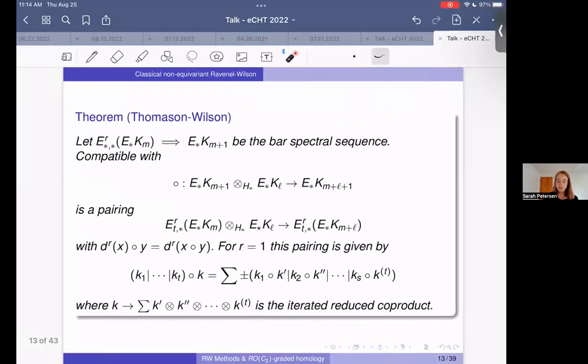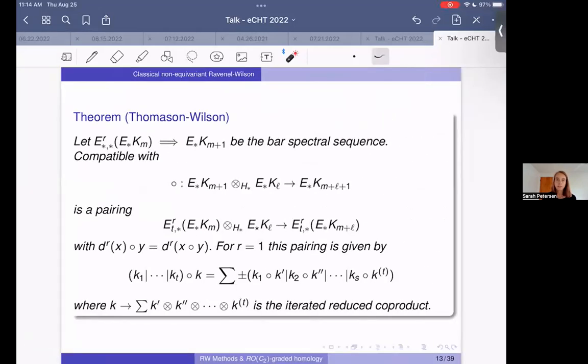And this leads to a pairing in the bar spectral sequence. So if we have a bar spectral sequence and also a circle product in homology, then there's going to be a pairing where on the E1 page of the spectral sequence, the description of the circle product pairing is very explicit, given in terms of circle products and the iterated reduced coproduct.